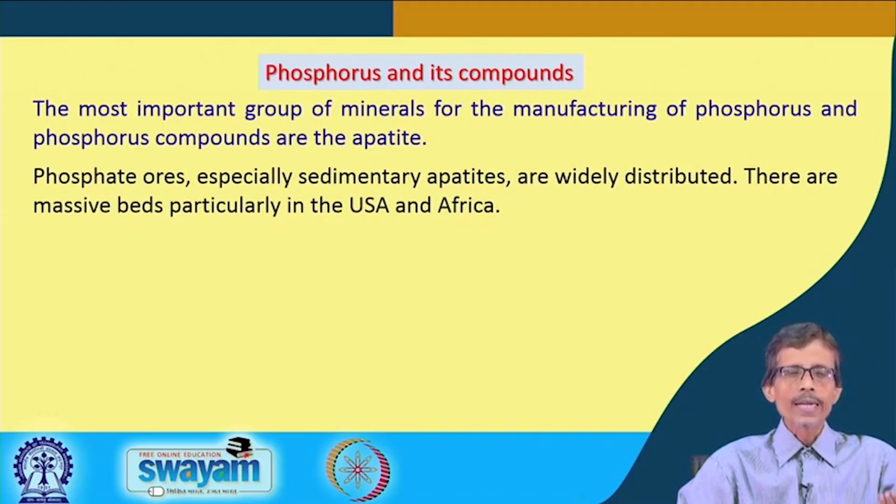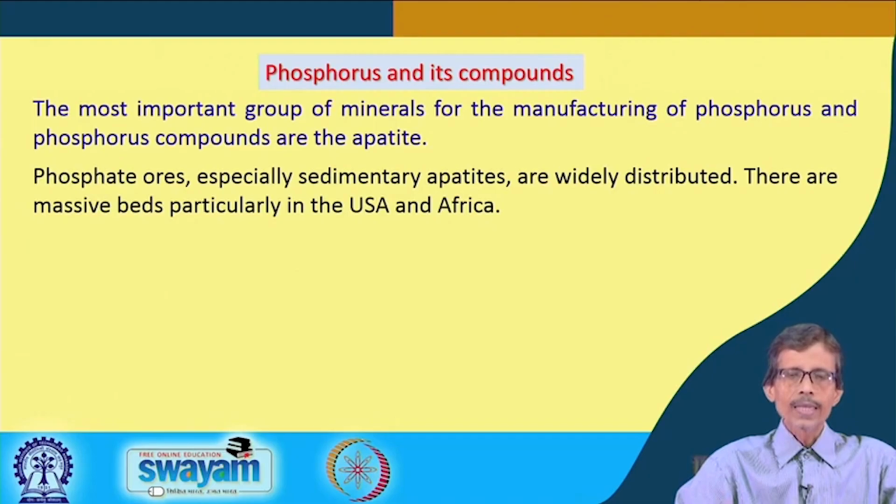So, if we can get those phosphate ores, particularly from the apatite source, where are we getting that from? The terminology we use from geological knowledge is sedimentary rock, so sedimentary apatites will be the source.